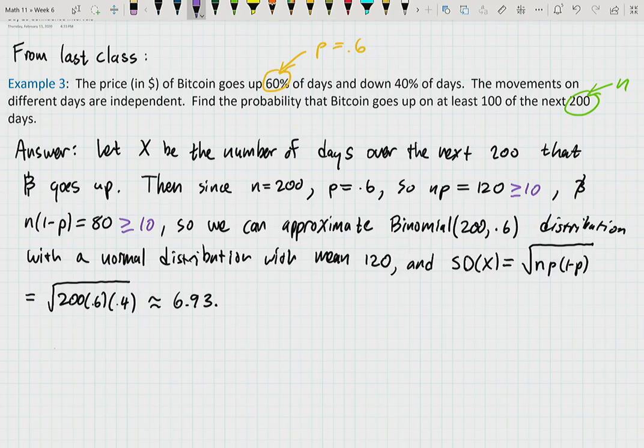Cool. So if I want to do calculations, it'll be easier to convert to a standard normal. So this is the part of the problem that I wanted to sort of impress upon you, where we let Z be the standardized version of this random variable. So we subtract the mean and divide by the standard deviation.